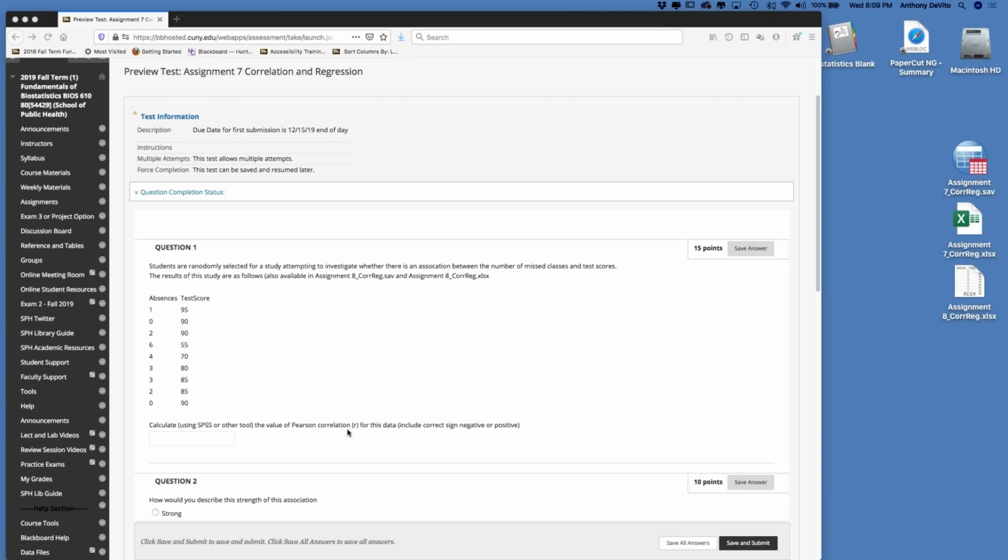When we talk about the association between two numerical values in a sample, we use the English letter r, right? But they're associated, rho and r, basically measuring the same thing. One indicates it's a population measurement, the other indicates it's a sample measurement. Okay, and we're asking you to include the correct sign, positive or negative. We're going to get to that again and discuss what that actually means.